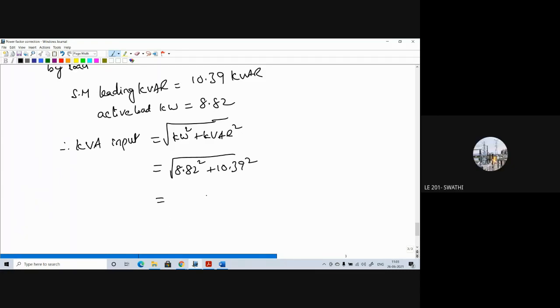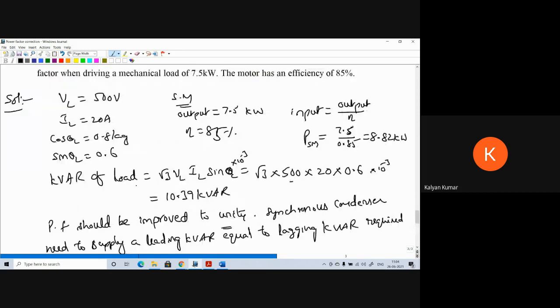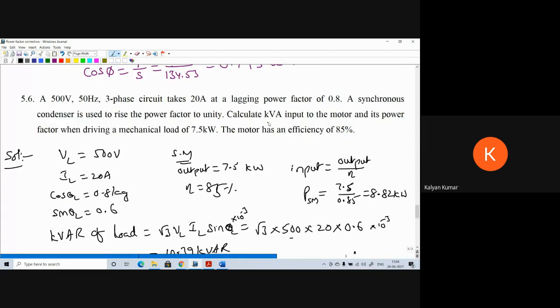That is 13.62 kVA, sir. So the kVA input we have calculated. That is one thing they asked to find in the problem, the kVA input. Next, we need to find the power factor.